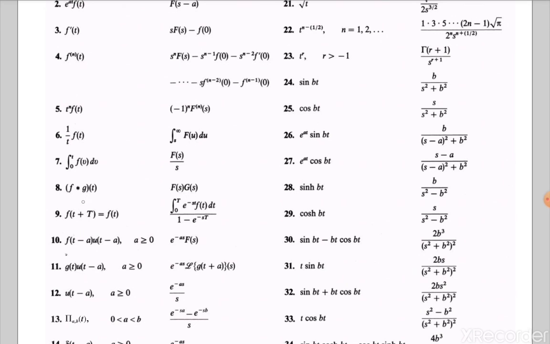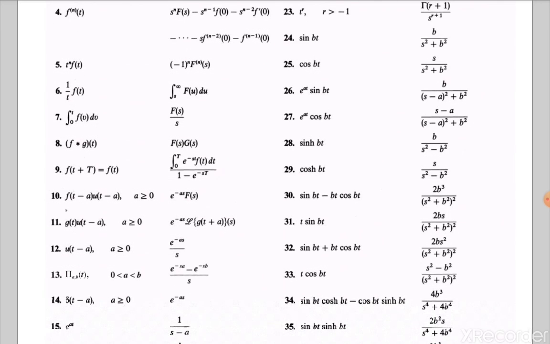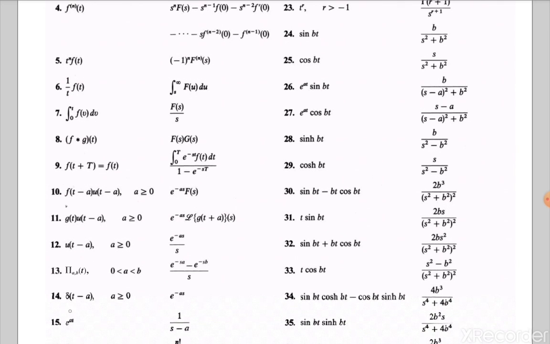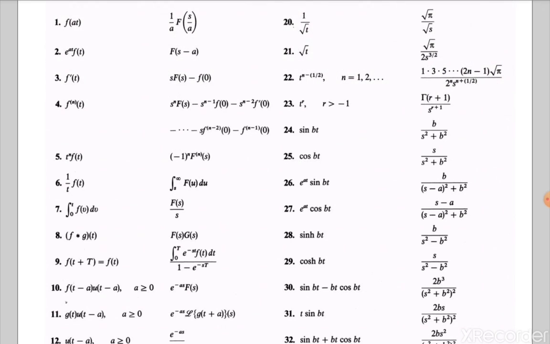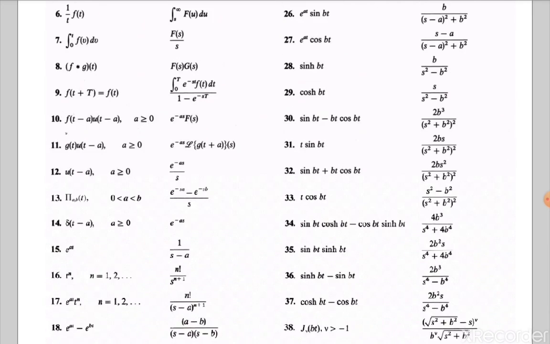For example, property 8, that Laplace transform of convolution is a product. Laplace transform of a product like this with step function is a function like this. Laplace transform of step function, window function, delta function, Laplace transform of the first derivative, for example, here, of the nth derivative here, for example, and many other properties.